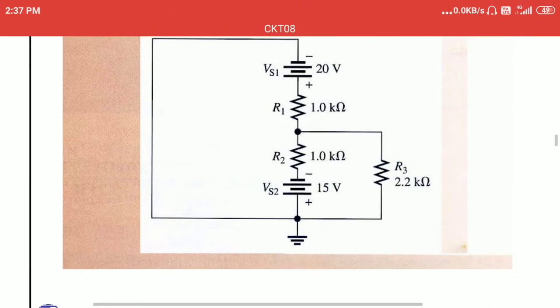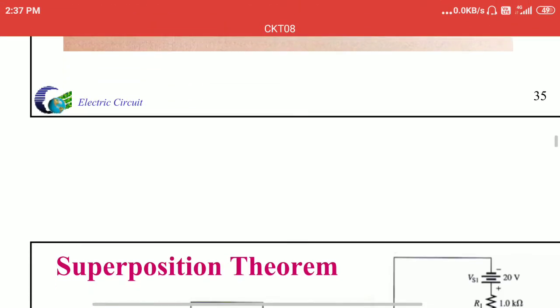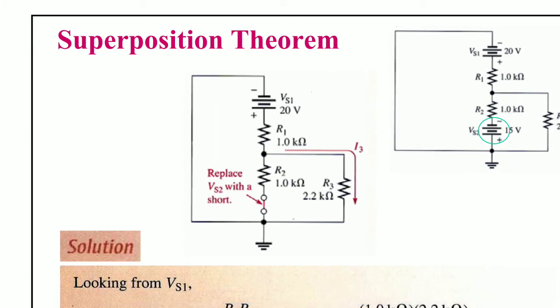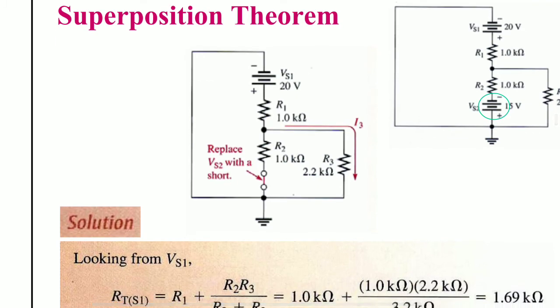Follow the same procedure: activate the first source and deactivate the second one. So here, replace VS2 with a short.